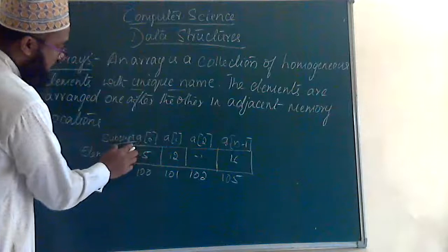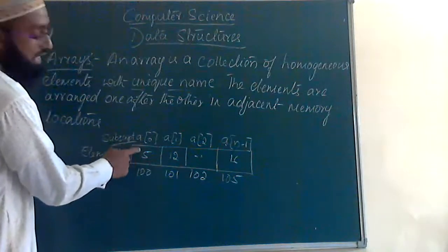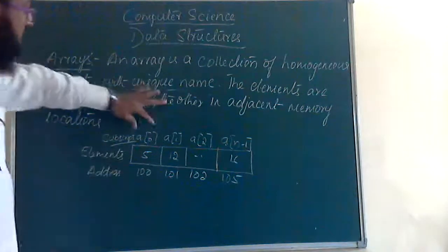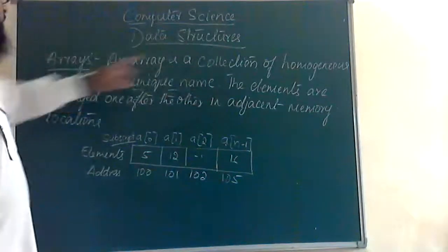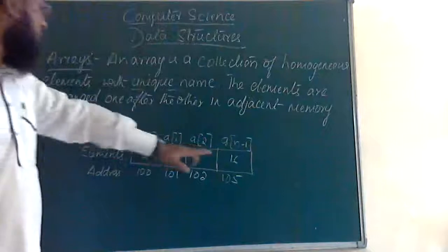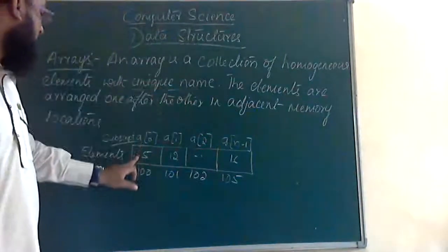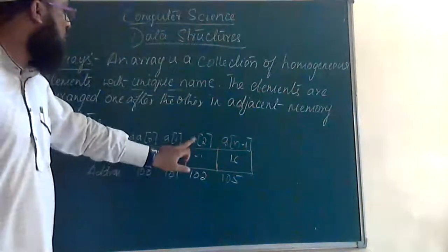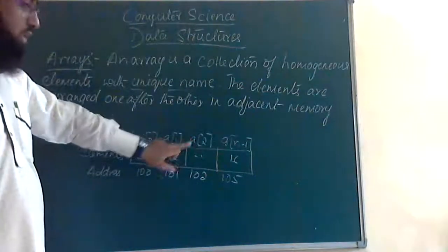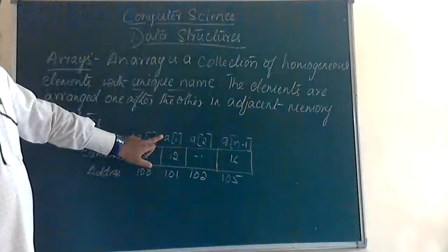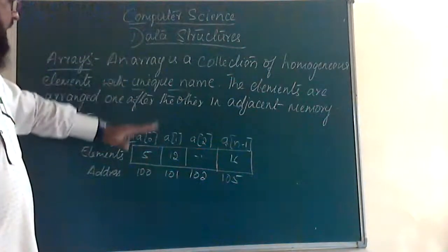The subscript given to the data element of an array is called a unique name. Look here, homogeneous elements, same type of elements, with unique name. Every element has its own unique name. Like this an array can be represented.